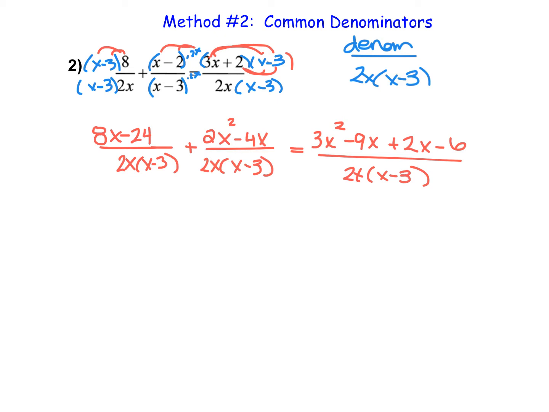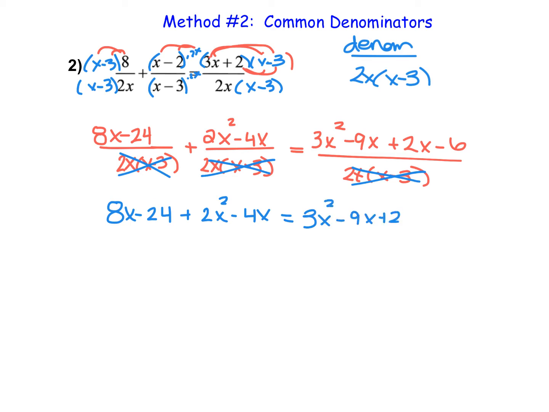Now, because I have these common denominators, what I can essentially do here is eliminate them, because every single term has that common denominator, and I can change this into 8x minus 24 plus 2x squared minus 4x is equal to 3x squared minus 9x plus 2x minus 6.